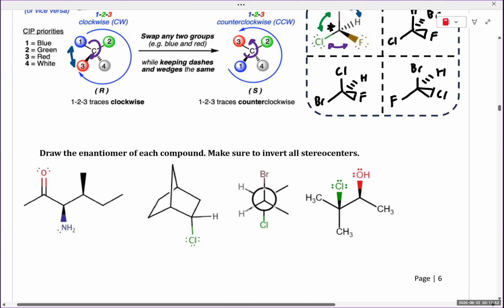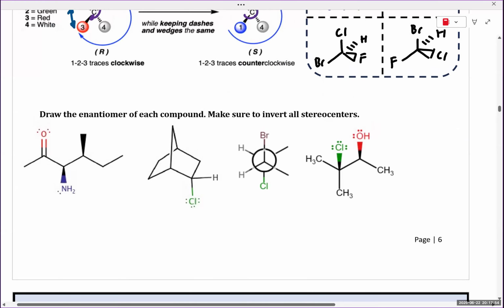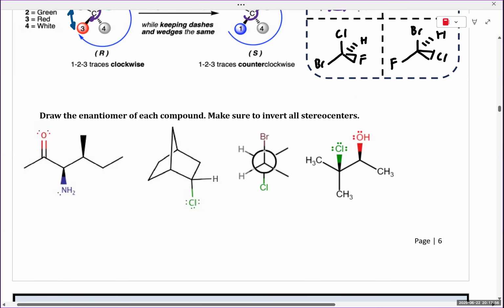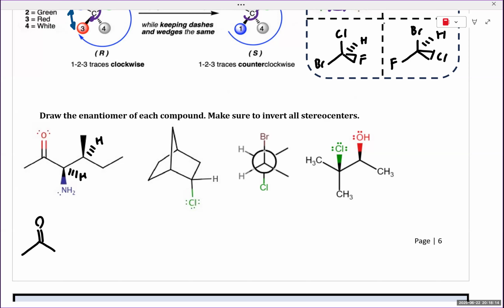Let's now practice what we've learned, and try to draw the enantiomer of each compound. I'll do the first two, you'll do the next two. Because I already have the stereocenters drawn out in dash wedge notation, I'm going to use the inversion method, where I keep my skeleton the same and invert the dash wedge notation, inverting the configuration at each stereocenter.